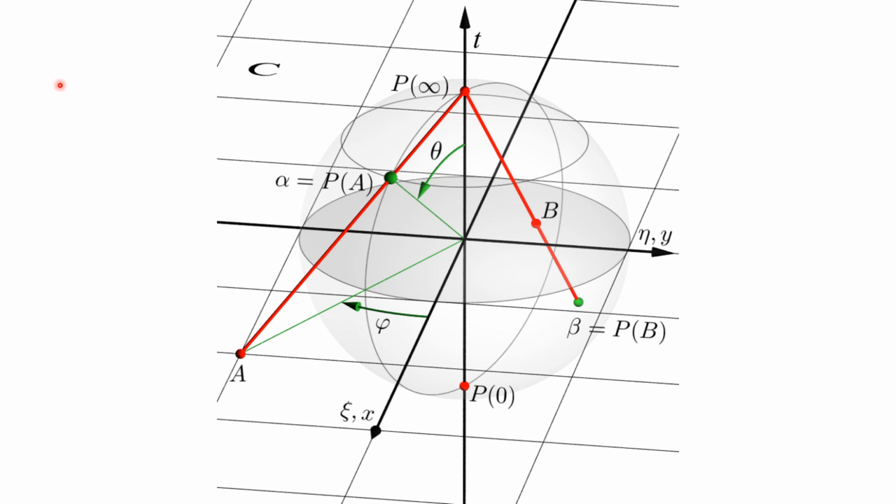So if you take some point that's infinitely in the distance in any direction you choose, that maps to this P of infinity, and that's the mapping that we use to extend the complex plane to include the point at infinity.